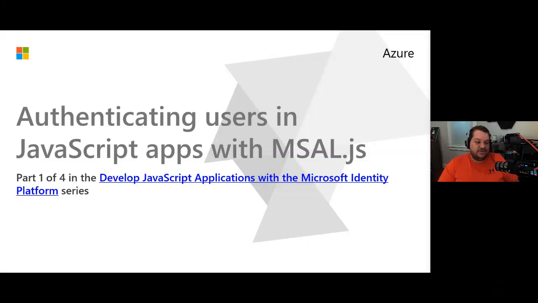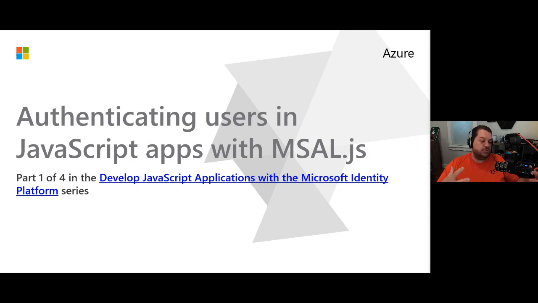Thank you, Sydney. Hey, thanks, Matt. Hey, welcome, everybody. This is the first part in a four-part series on using MSAL.js with our JavaScript applications. I'm going to share my screen real quick. So today's session, we're going to start off by learning how to authenticate users in JavaScript applications with MSAL.js.